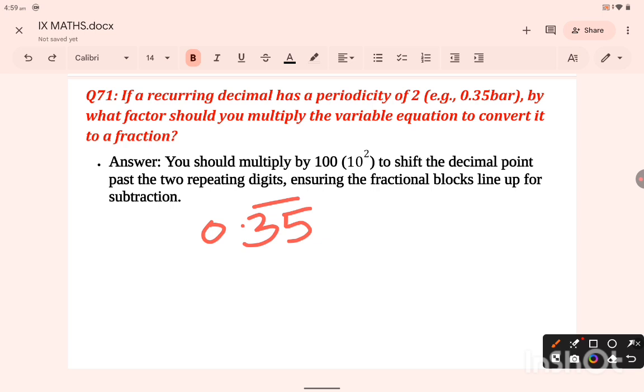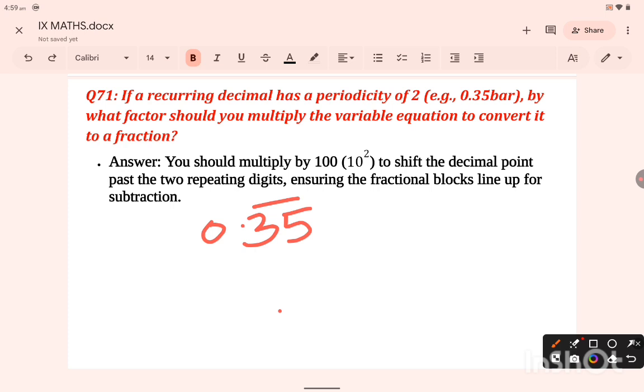Why can we multiply with 10 or 10 power x? What is the main reason here? The main reason is especially for cancelling the infinite decimal part.